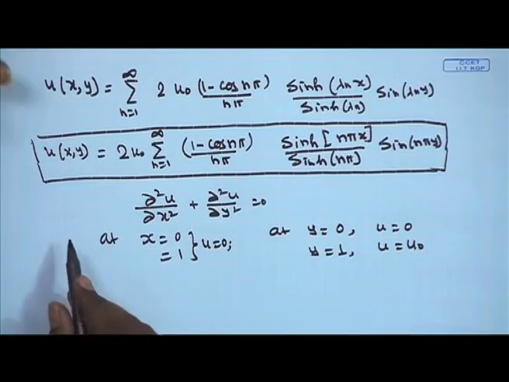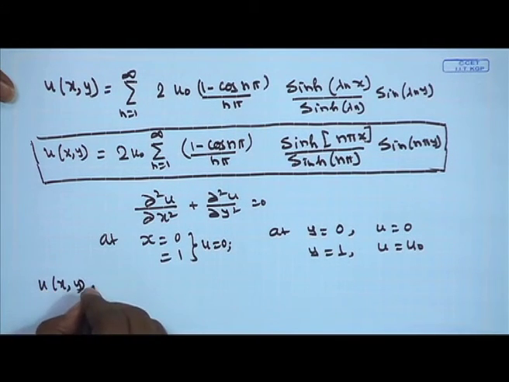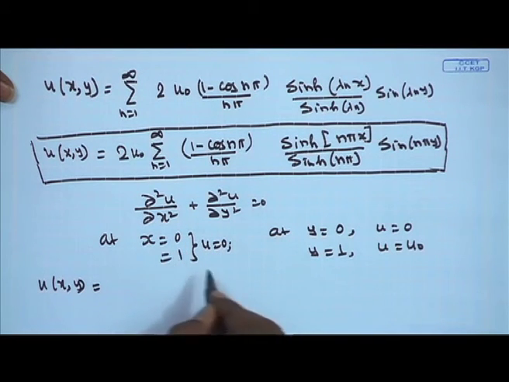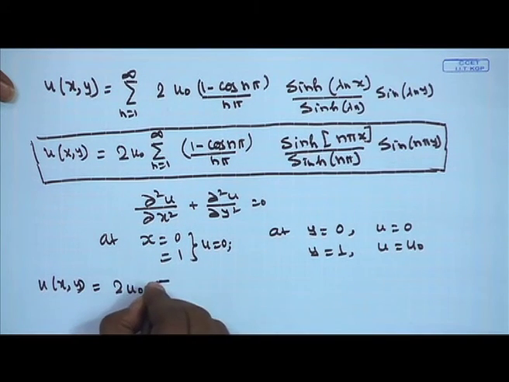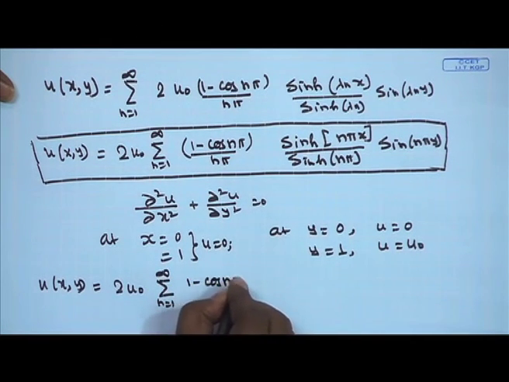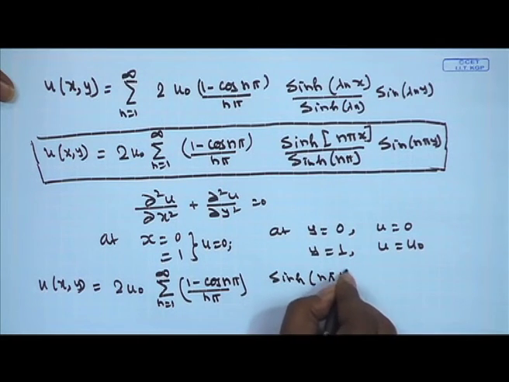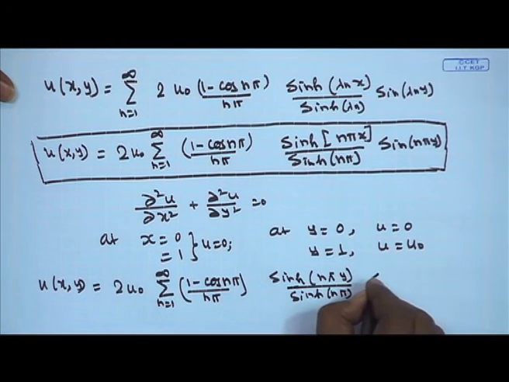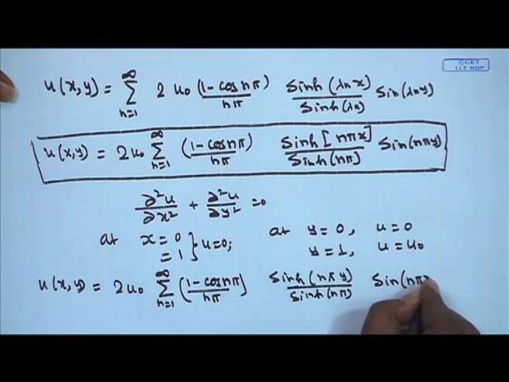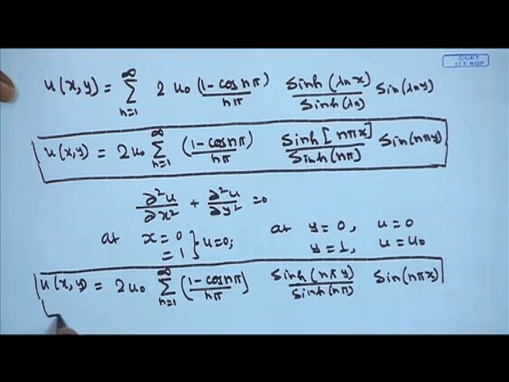So, the solution will be exactly similar, only the eigenvalue problem is defined in the x direction: 2 u naught, the sum from n equal to 1 to infinity of (1 minus cosine n pi) divided by n pi, times sinh n pi y divided by sinh n pi, times sine n pi x.